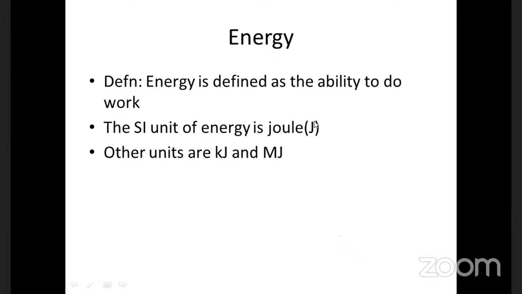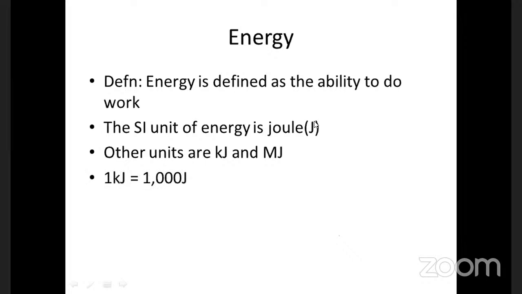Can you try? 1,000. Very good. We have 1,000 kilojoules in 1 megajoule.